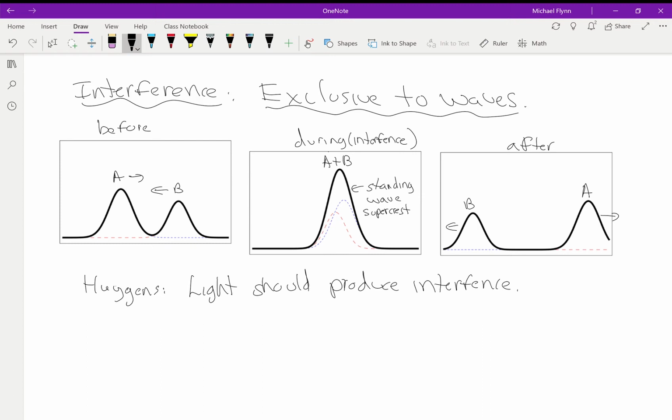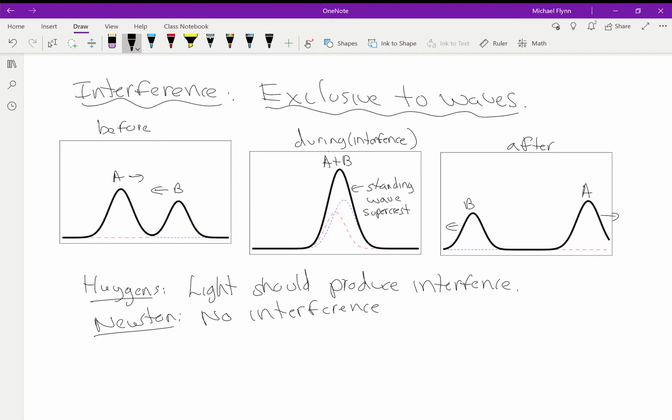Newton, no interference. And here's the deal. There are examples of interference of light all around us actually, okay? But they didn't recognize it at the time.